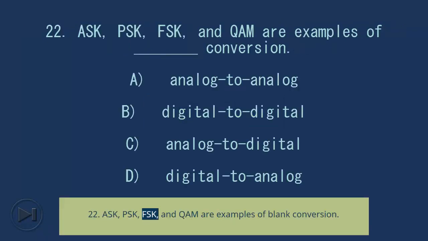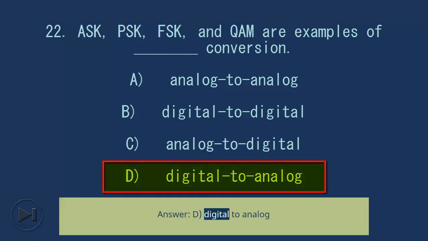ASK, PSK, FSK, and QAM are examples of blank conversion. A. Analog to analog. B. Digital to digital. C. Analog to digital. D. Digital to analog. Answer, D. Digital to analog.